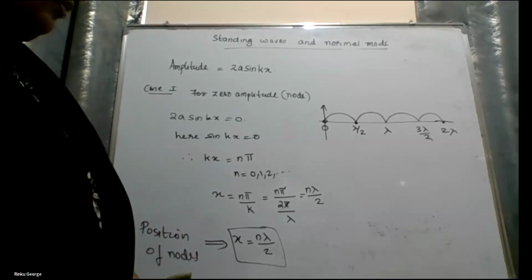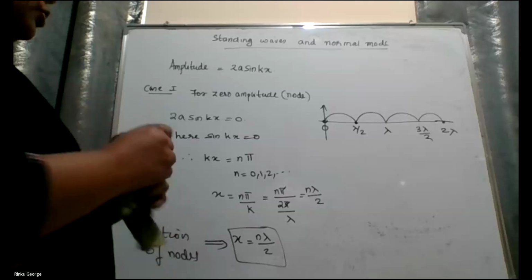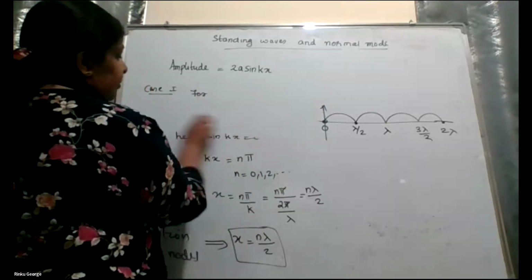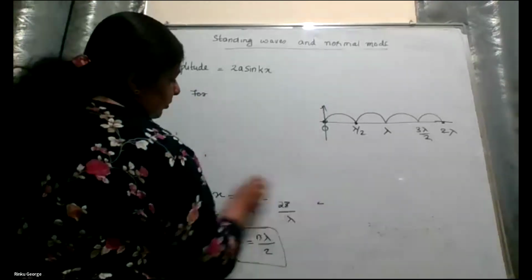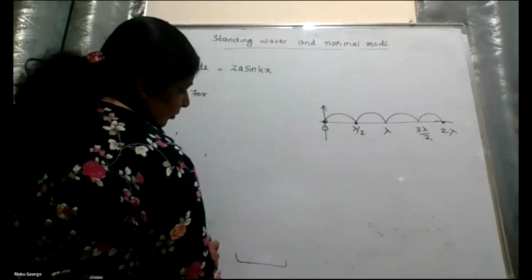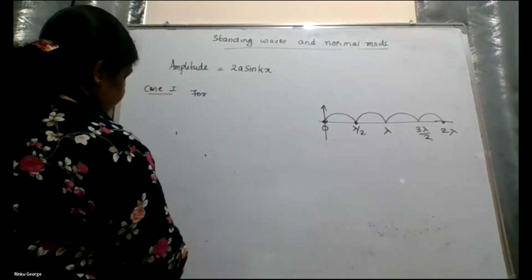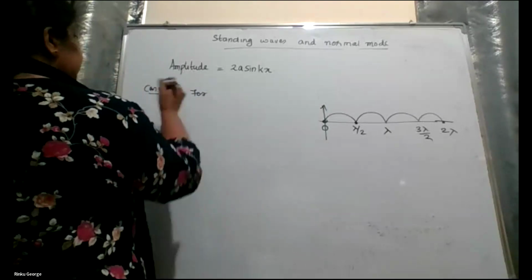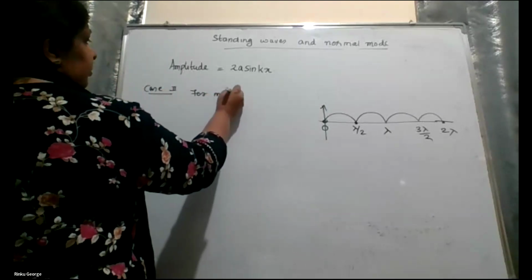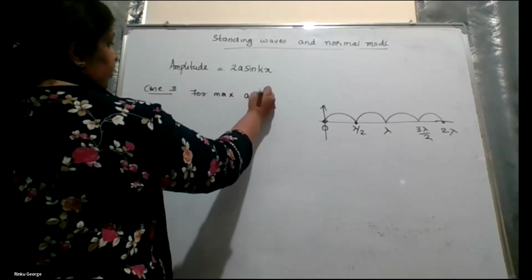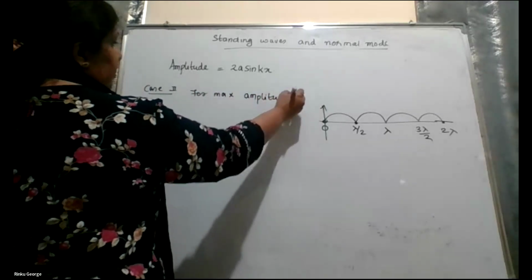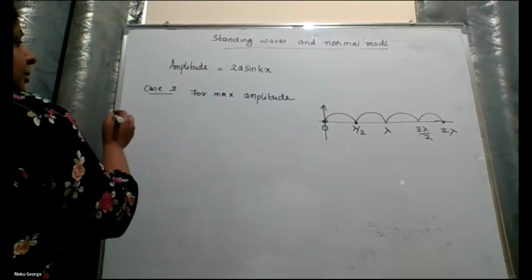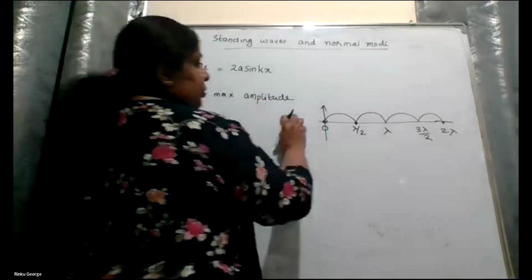Case 2, for maximum amplitude. For maximum amplitude, that means it is antinode.